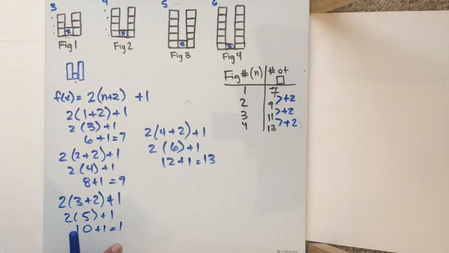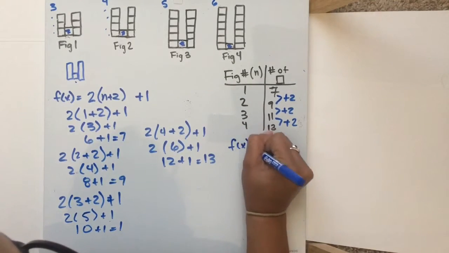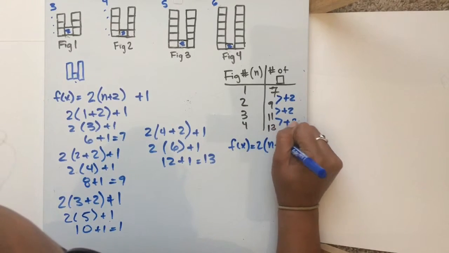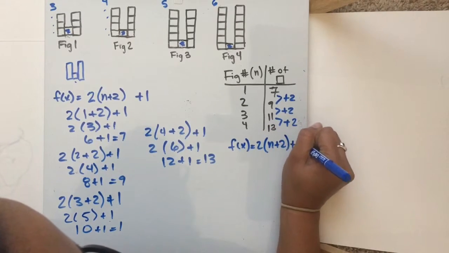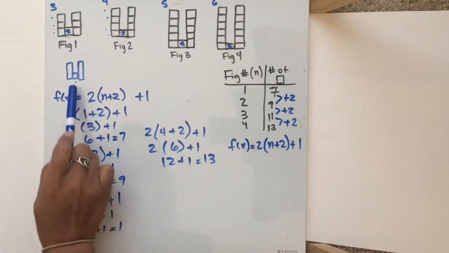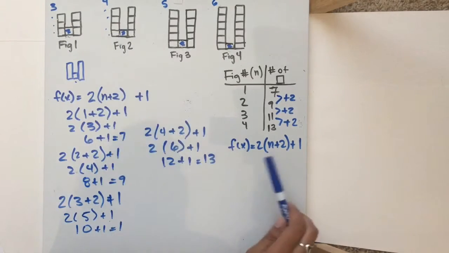So our first equation that we found is f of x equals 2 times the quantity n plus 2, plus 1. That is our first function. Geometrically speaking, our plus 1 is the lone middle square in each of these.